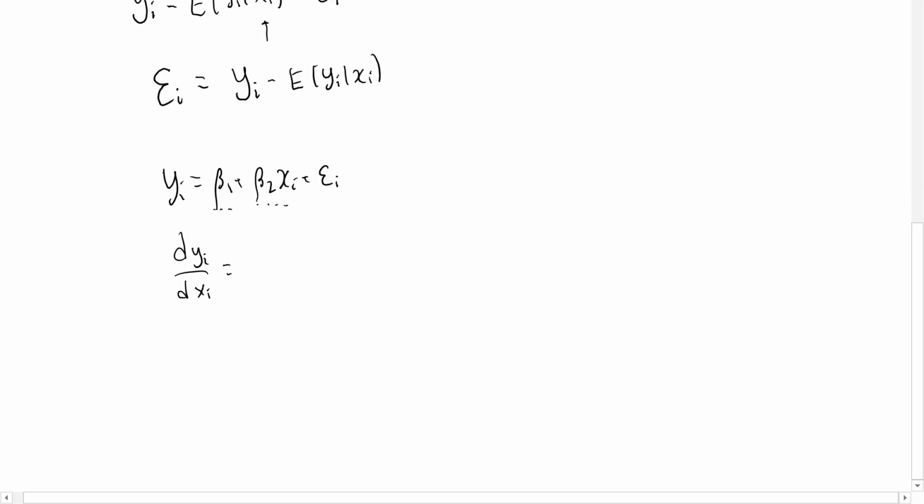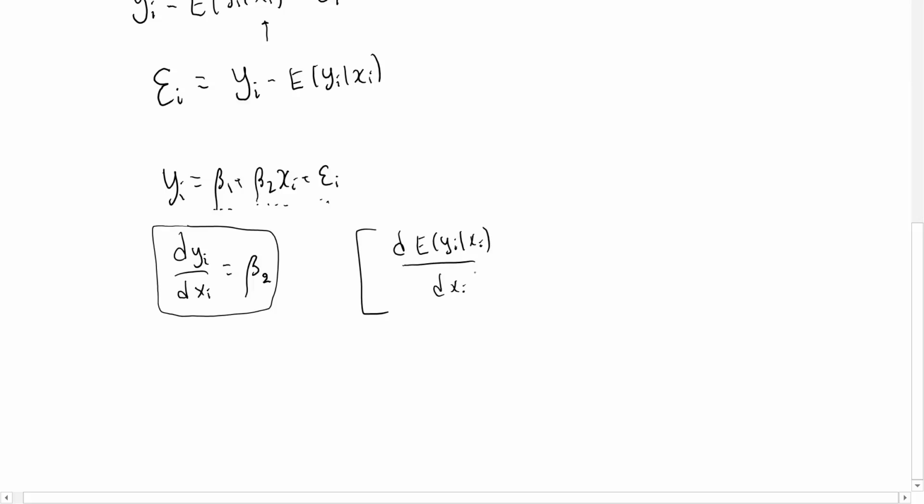The derivative of beta 2 times xi, that's just beta 2. And to say that the derivative of the error term with respect to xi is 0 as well, and then to claim this one, which is different from what we said. We said that the derivative of the conditional expectation given xi is beta 2.